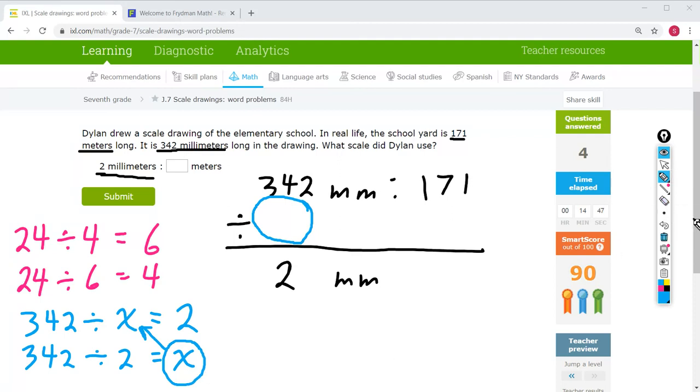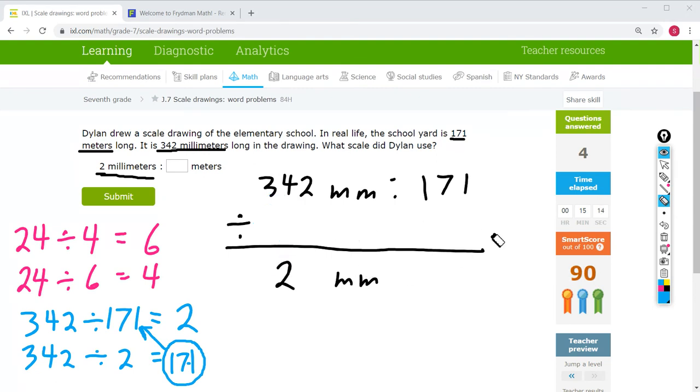If I know that 342 divided by 2 is equal to 171, then it must also be true that 342 divided by 171 is equal to 2.